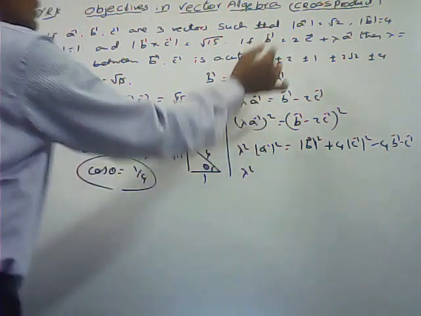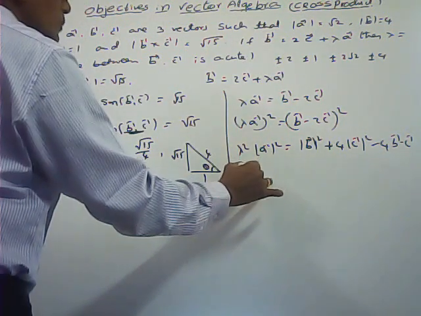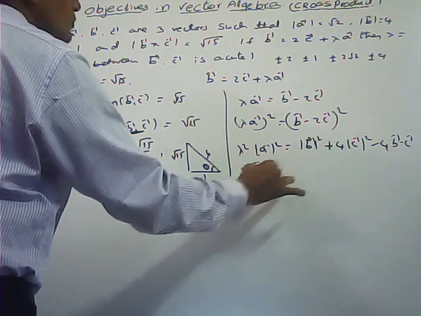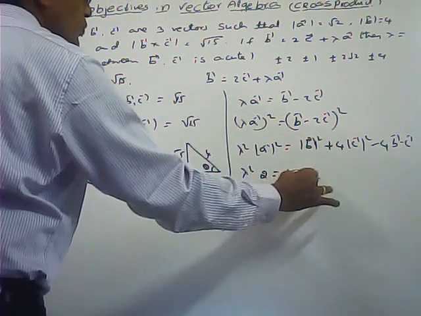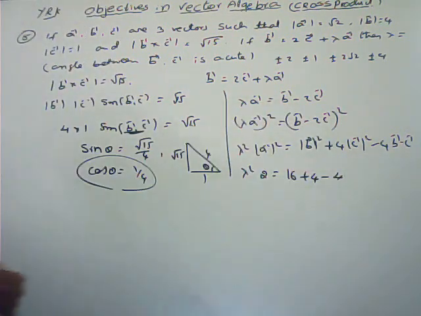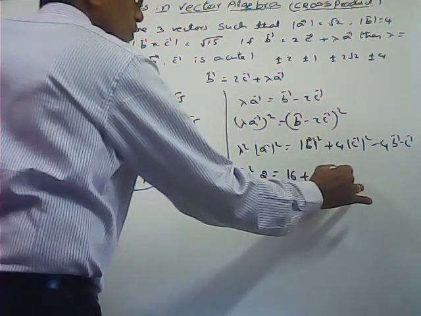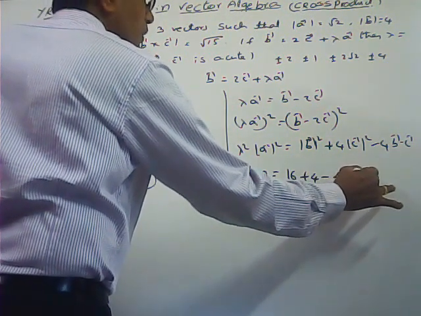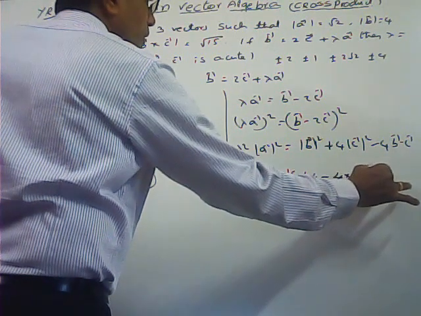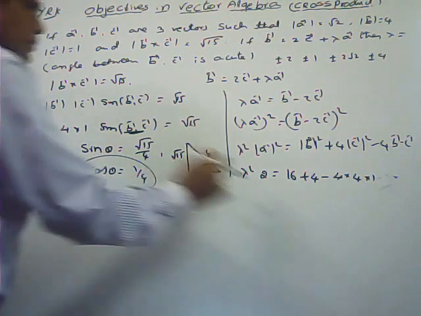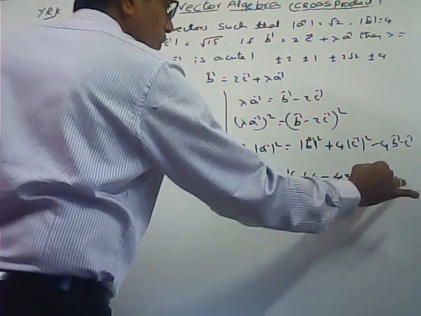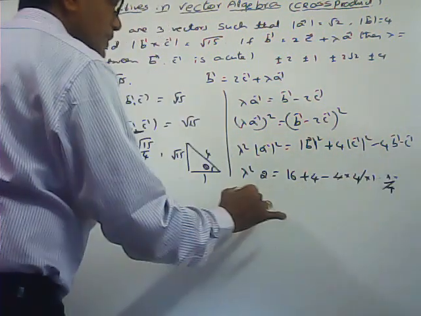Lambda square, modulus of A bar is root 2, so A bar square is 2. Modulus of B bar square is 16, modulus of C bar square is 1 so 4, minus 4 into B bar dot C bar, which is modulus of B bar, modulus of C bar, cos of the angle between them, that is 1 by 4. Here 4 gets cancelled.